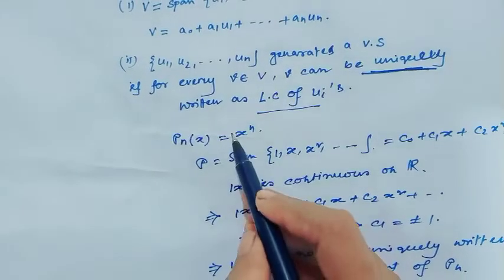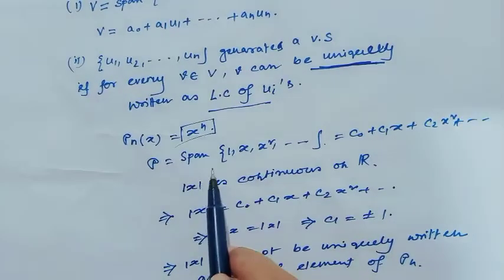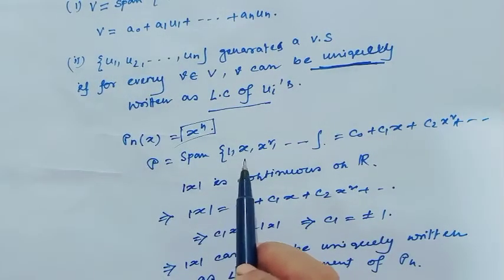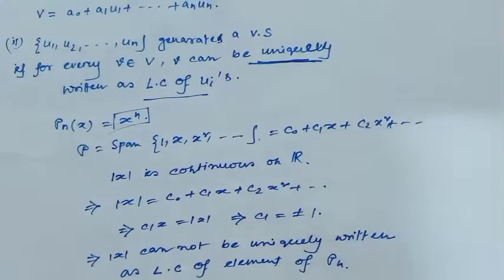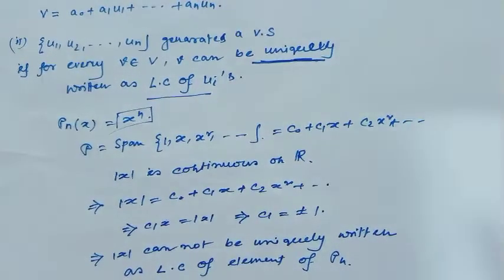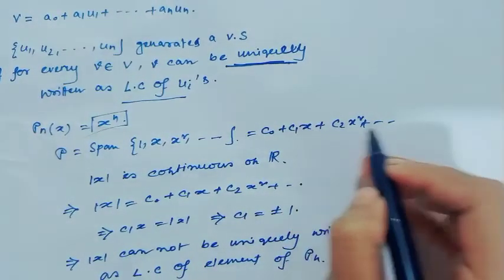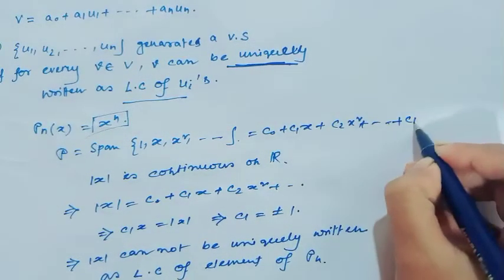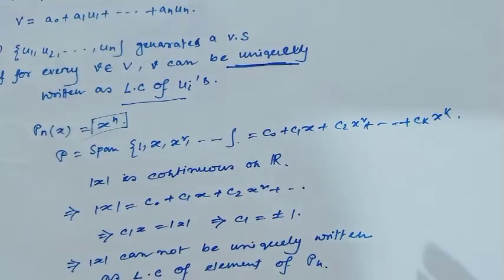That means here the given set is P_n(x) equal to x to the power n. Here the given set is the spanning set of 1, x, x square, and since a spanning set is always finite, this combination would be C0 plus C1x up to Ck x^k, where k is any finite number.